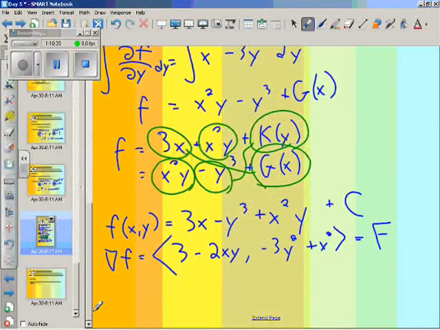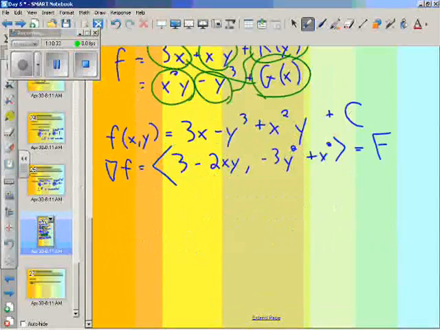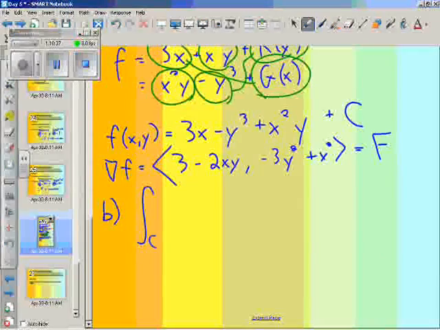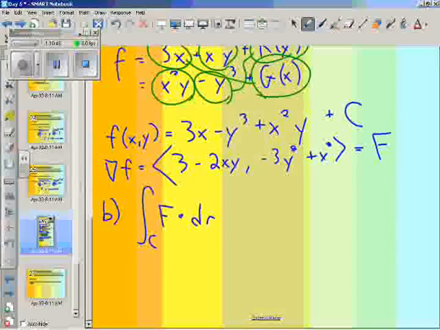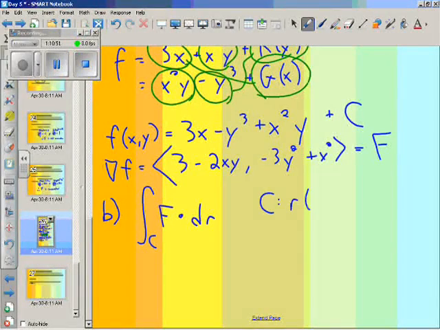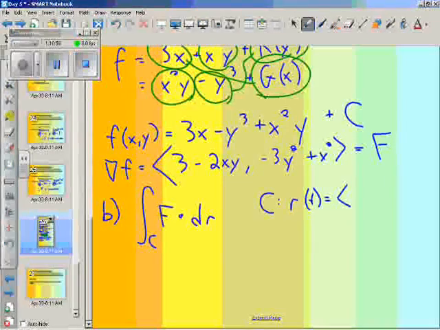And so now, to evaluate this line integral, we want the integral along C, where C is given by this vector function r of t equals e to the t sine of t, and e to the t cosine of t.